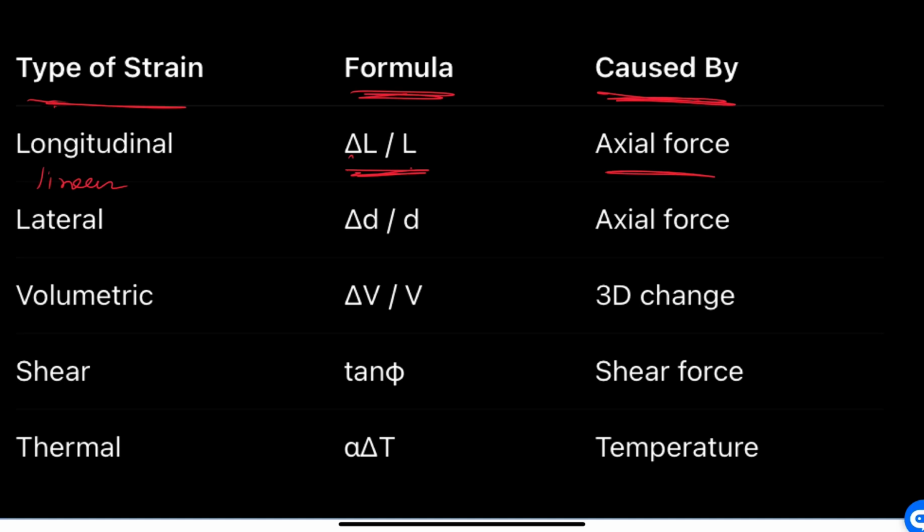Axial means tensile and compressive. Both forces are called axial force because they apply along the x axis or the y axis, not at any angle.